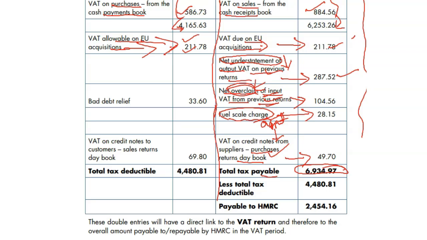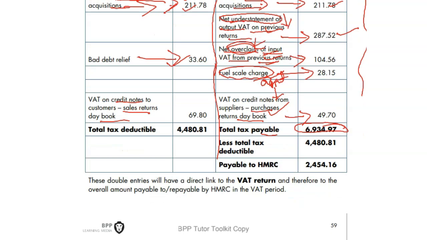Bad debt relief, you have learned it in the last chapter. You can claim this from the HMRC based on your bad debt, and some criteria must be met. And VAT on sales return, your sales is going down, income is going down, sales return VAT, you can reclaim it.